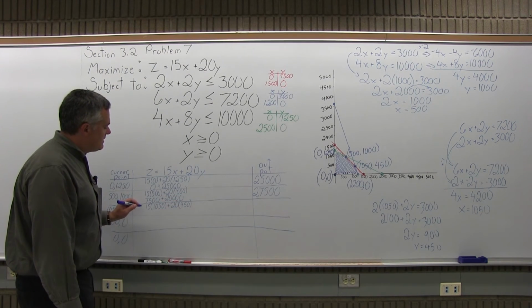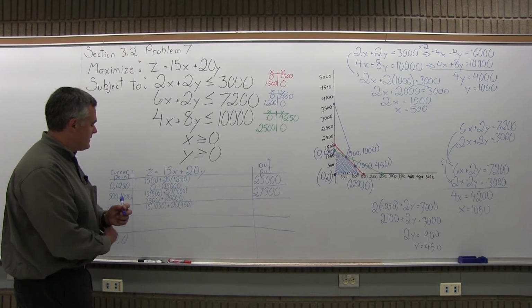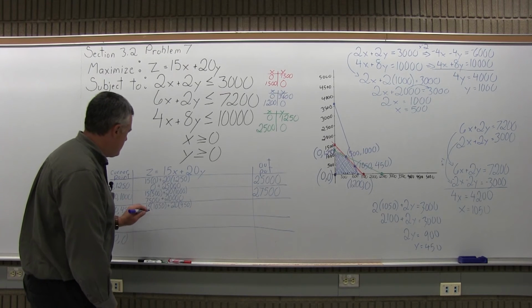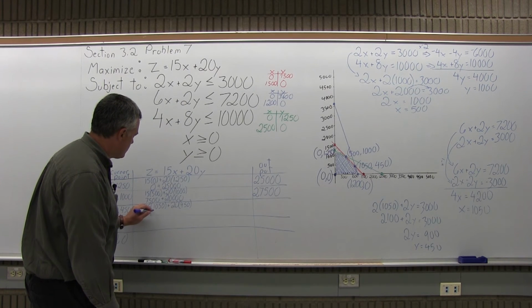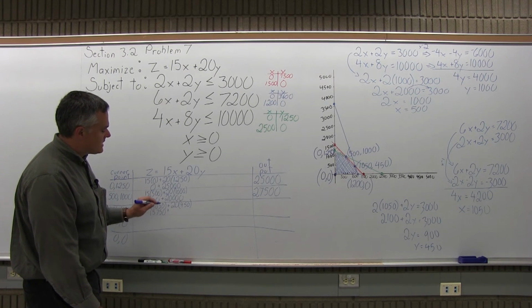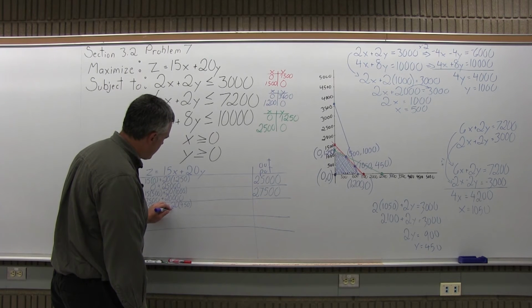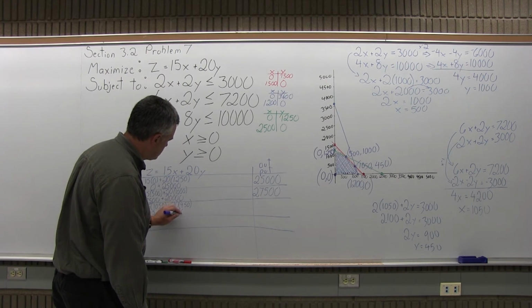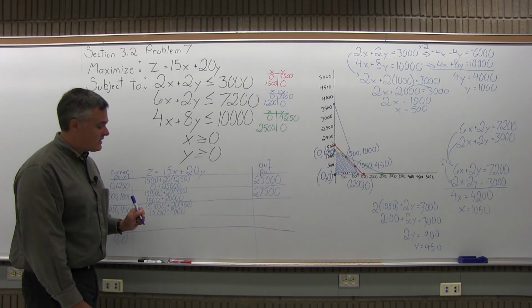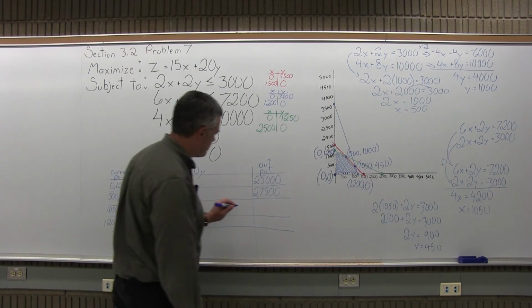So 15 times 1,050, you're going to have 15,750. And then 20 times 450 is 9,000. And then 15,750 plus 9,000 is 24,750.